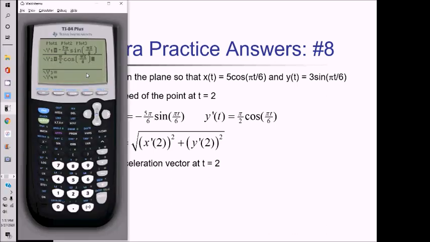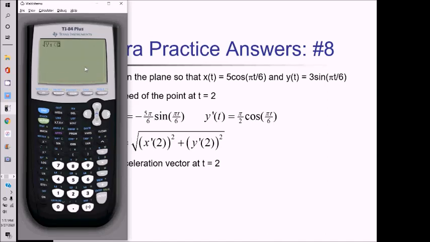To make my task a little bit easier, I've entered x prime and y prime in my calculator as y1 and y2. So now I just have to take the square root of x prime of 2 squared plus y prime of 2 squared. So I've got a square root. And now to do x prime of 2 squared, I'm going to do alpha trace to pull up x prime, which was my y1 function.